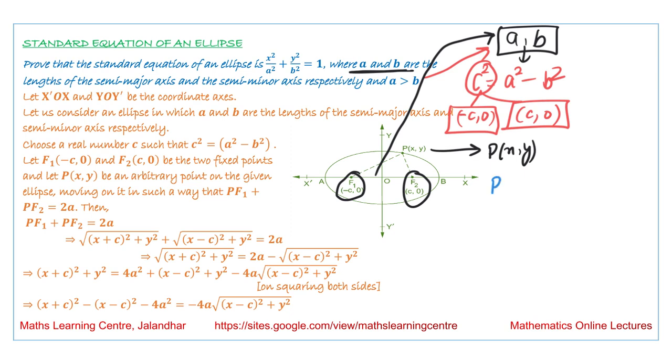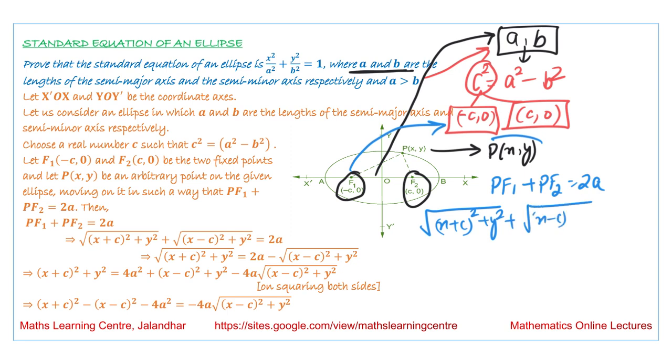It means PF1 plus PF2 should be equal to 2a. So if we calculate the lengths, we get square root of (x plus c) square plus y square plus square root of (x minus c) square plus y square, that is equal to 2a.